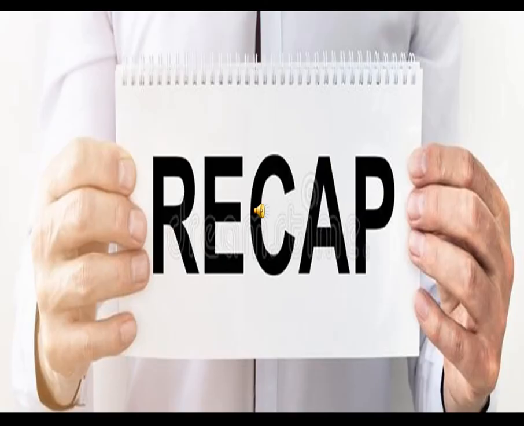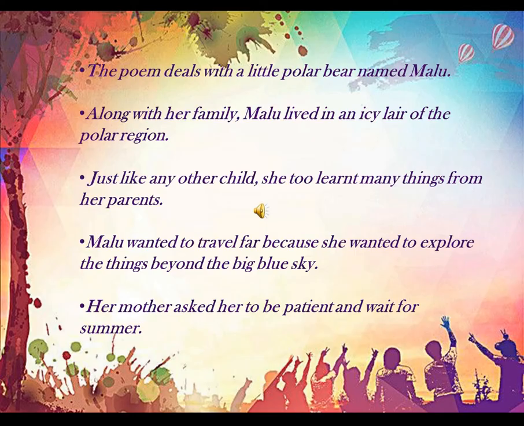Now, let us quickly go through a recap of all the important things that we discussed in today's video. In the very beginning, we saw that the poem deals with a little polar bear named Malu, and the name of the poem also suggests that, Malu Bhalu. Yes, along with her family, Malu lived in an icy lair of the polar region.